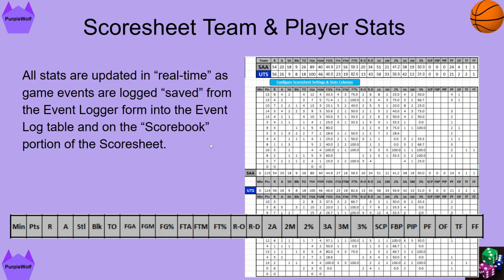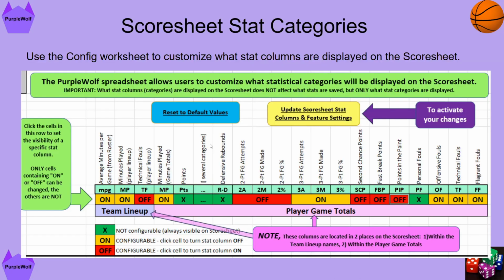If you want, there's another sheet here called the config sheet. That's where you can hide some of the stat categories that you don't want to see on your score sheet because you either don't want to use them or just don't want to see them. If you've used the Blue Links hockey, it should look very familiar.